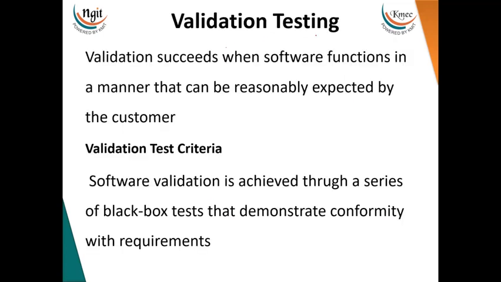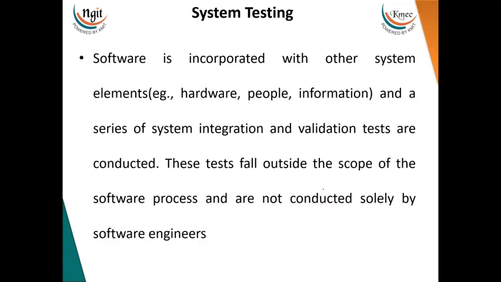Next we talk about validation testing. Validation succeeds when software functions in a manner that can be reasonably expected by the customer. Software validation is achieved through a series of black box tests that demonstrate conformity with requirements. Next, system testing.